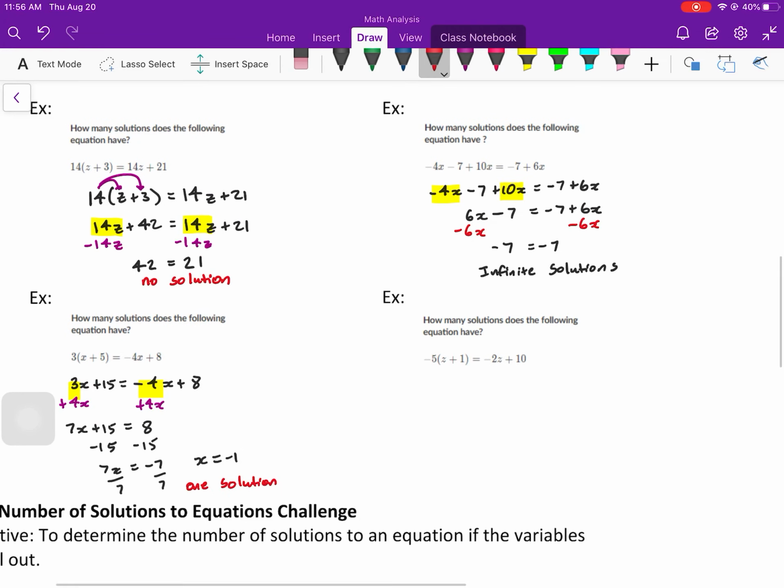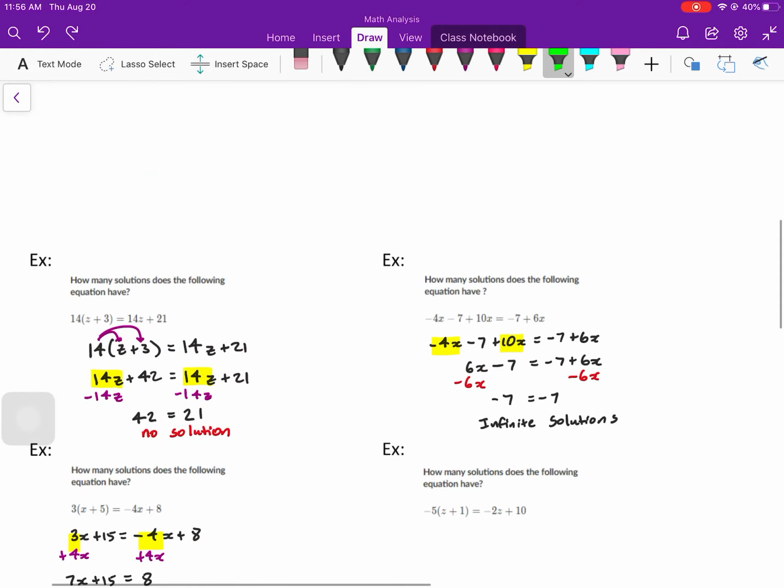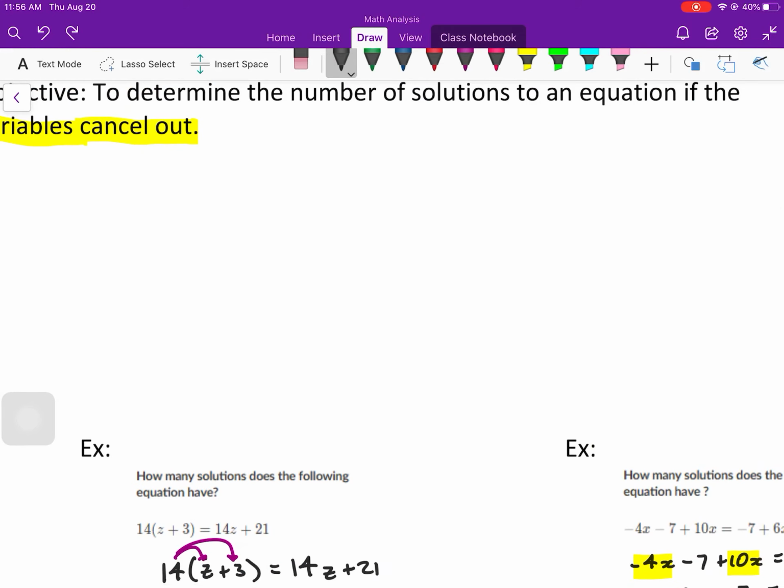So what's the main idea? The main idea that we could take away from this, if the variables cancel and you get a true statement, like 7 equals 7, then you have infinite solutions.